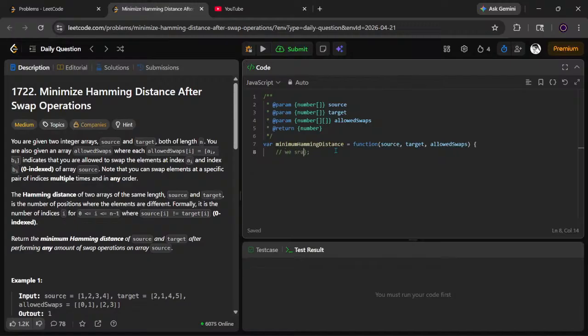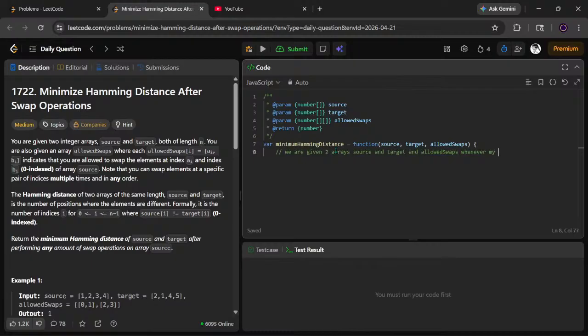We are given two arrays. Whenever my Hamming distance is the Hamming distance of two arrays of the same length, source and target, it is the number of positions where elements are different.